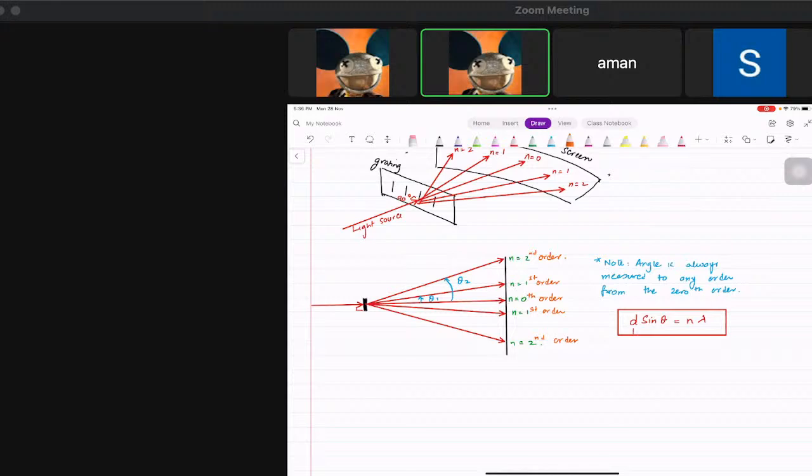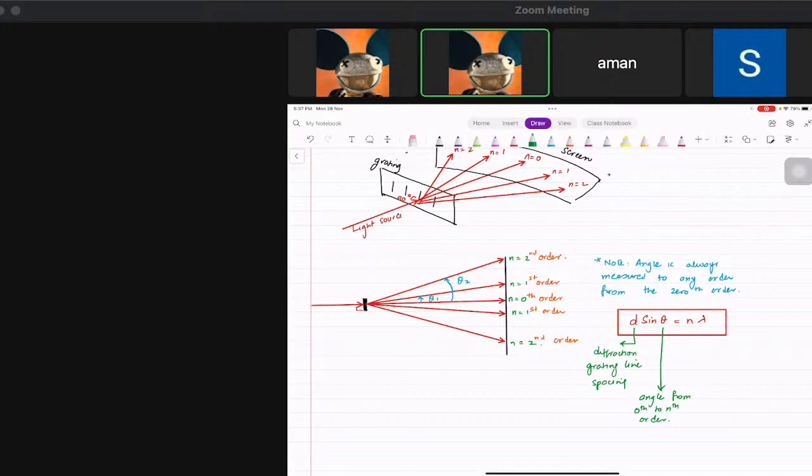d is the same thing that we learned previously, which is basically the diffraction grating line spacing, that we've learned above. Theta is the angle from 0th to nth order, depending on what order you're looking at.